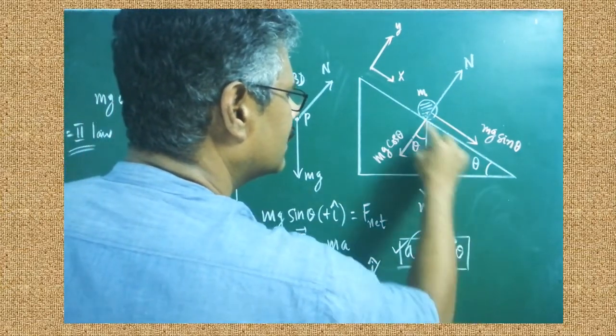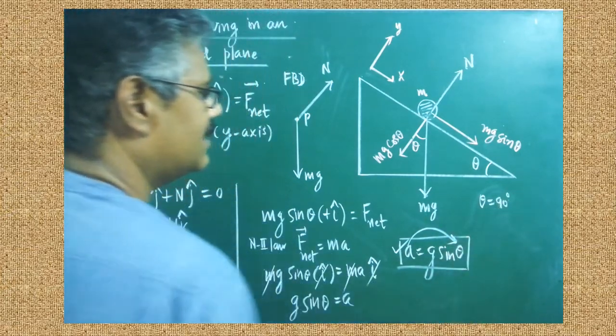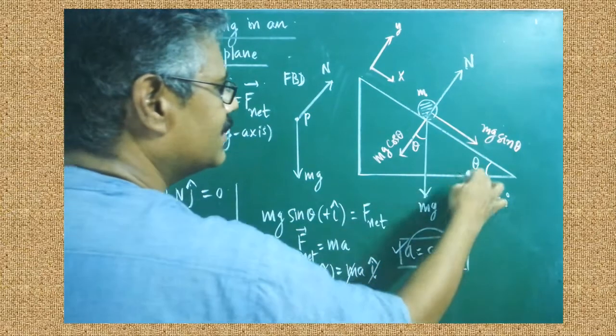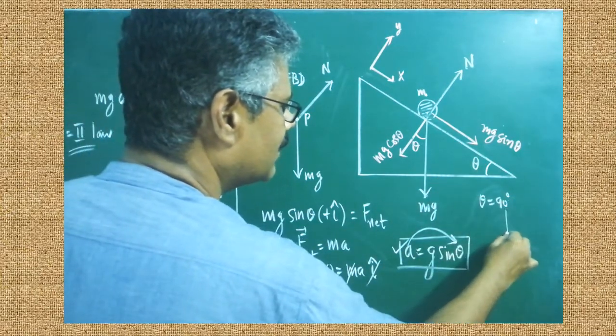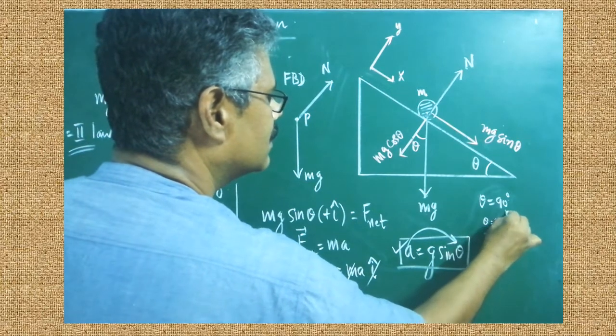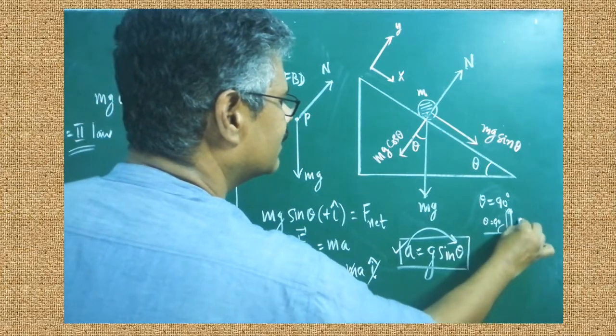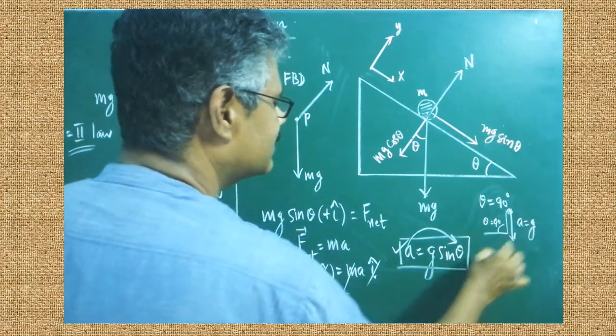Now look at this. This is the imagination. When theta becomes 90, what will happen? When theta becomes 90, how will the inclined plane be? It will be like this, and the mass will simply be falling down due to gravity. Therefore a becomes g. Is it correct or not?